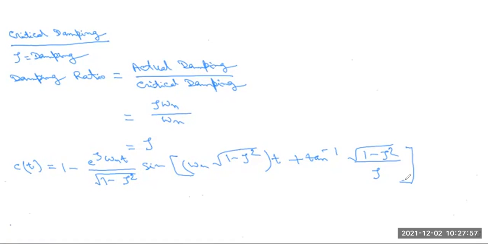This equation we have to learn in the time response analysis of second order control systems. This is the relation of the damping ratio, where we learn 4 cases: zeta is 0, zeta is less than 1, zeta equal to 1, and zeta is greater than 1. So please consider these 4 equations.